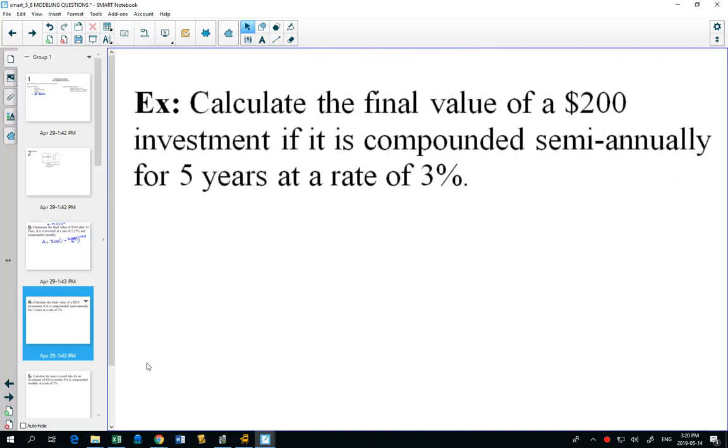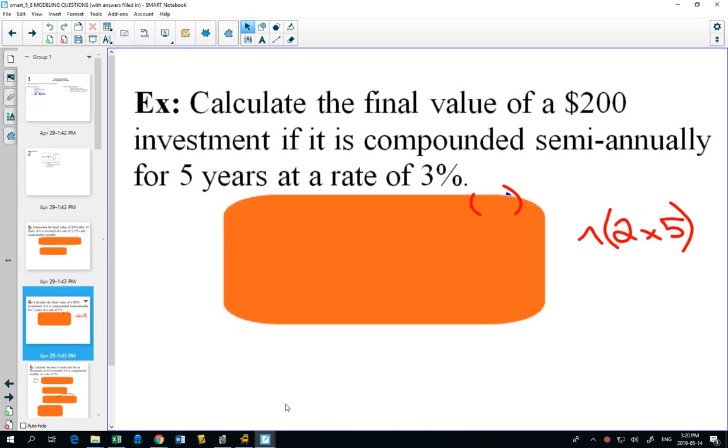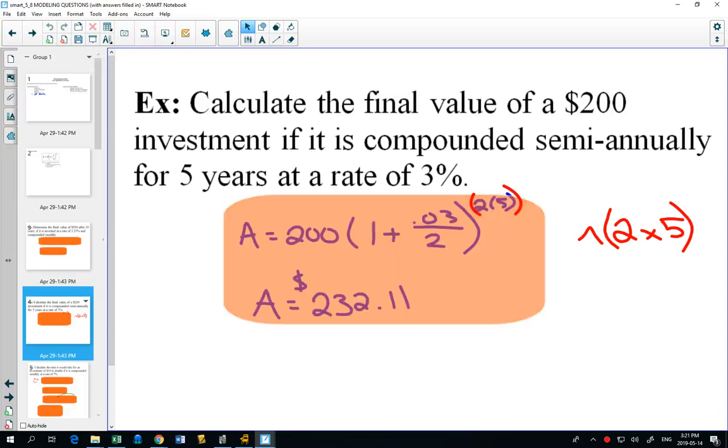All right, here's one. I'm just going to show you the answers for it. We're going to skip over that one quickly. Calculate the final value of $200 compounded semi-annually. How many times a year is semi-annually? Twice a year. 5 years at a rate of 3%.